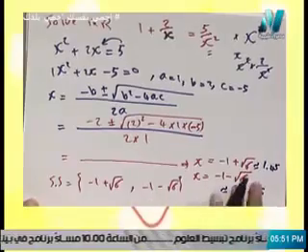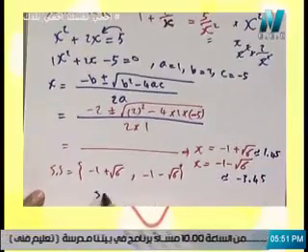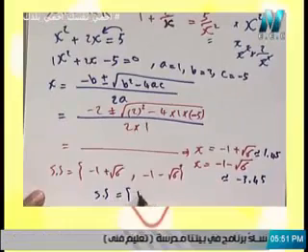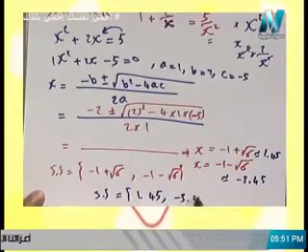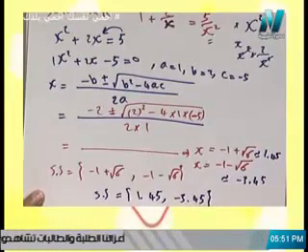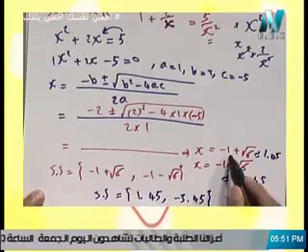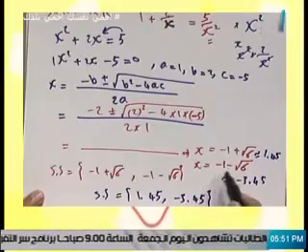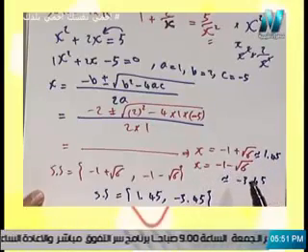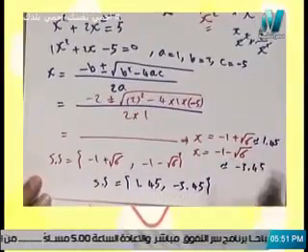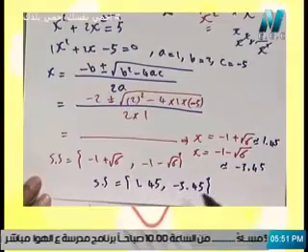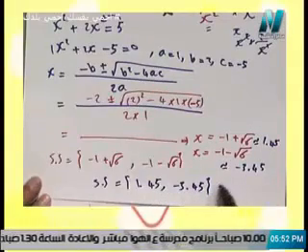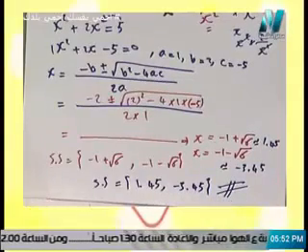So we can write the solution set: 1.45 and negative 3.45, and the two roots will be negative 1 plus root 6 and negative 1 minus root 6, or we can say that the two roots are 1.45 and negative 3.45. And so we have the solution set of this equation.